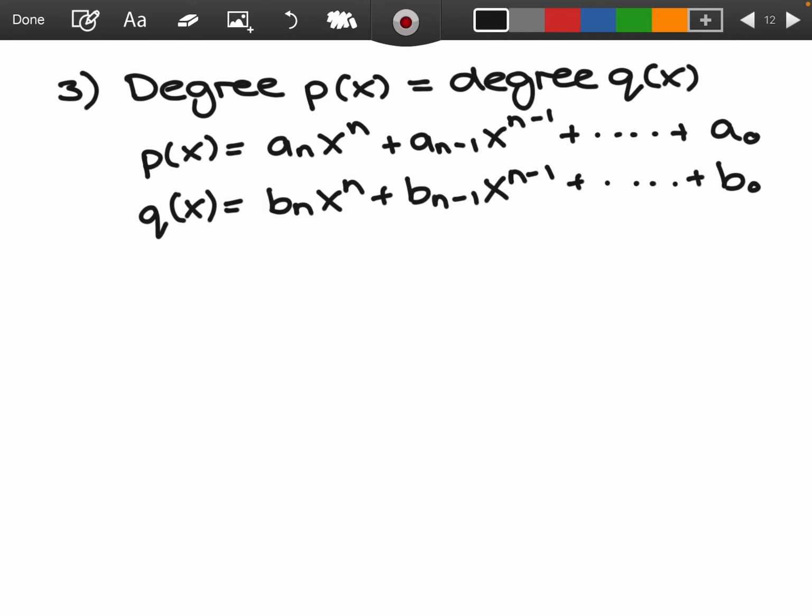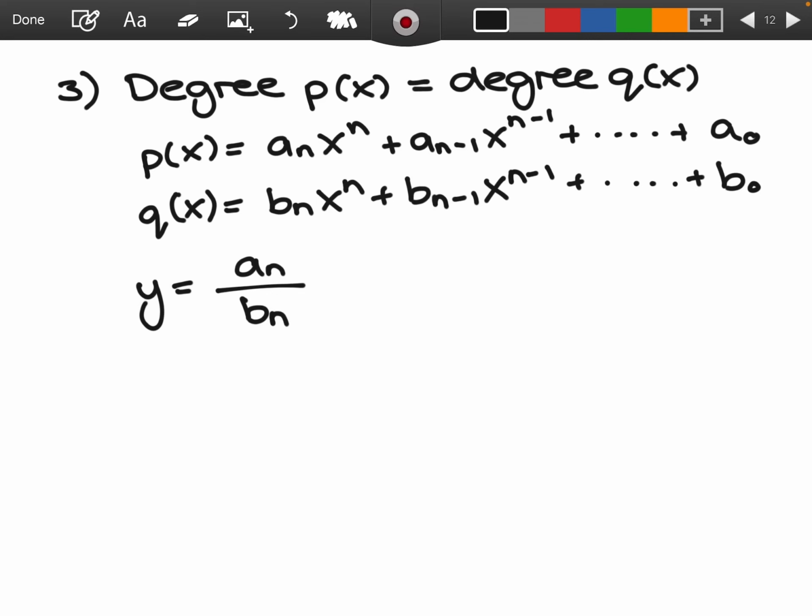If that is the case, so you've got equal degree for both P of x and Q of x, then y is just the fraction made up of the leading coefficients. So it's the ratio of the leading coefficients.